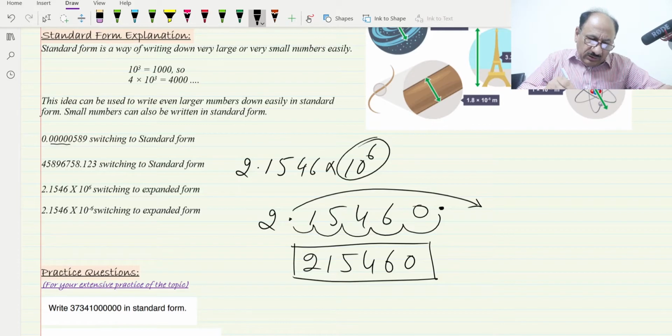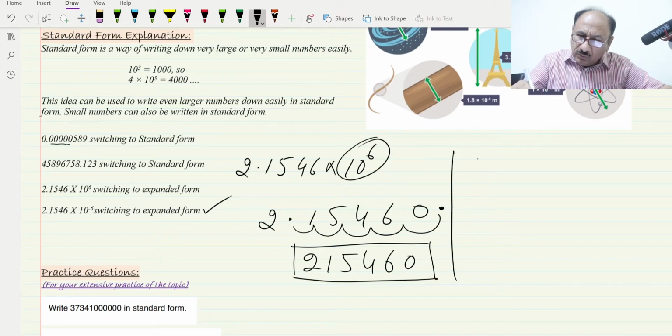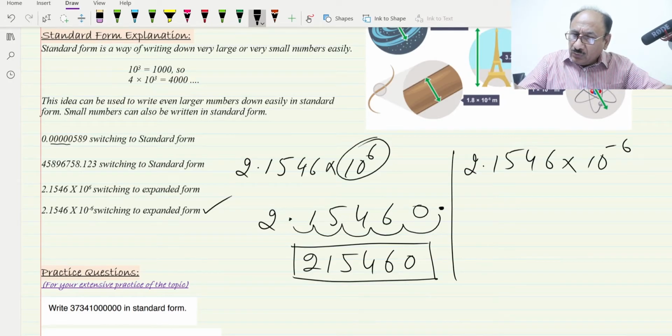Now there is another number, the next number is with the negative sign. So for example 2.1546 into 10 raised to minus 6, we will be jumping to the left. We'll have to take 6 jumps to the left.